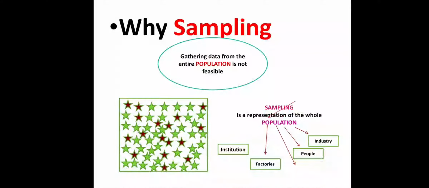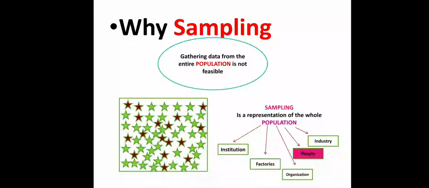It could be the institution, the factories, the different organizations, the people, the industry, a list or group of people, objects, items, and so on and so forth. So population, we should understand that it does not only mean the people, as you have already seen.